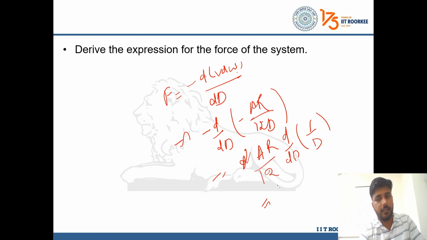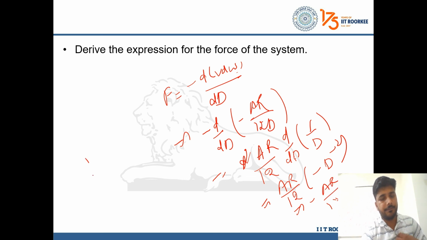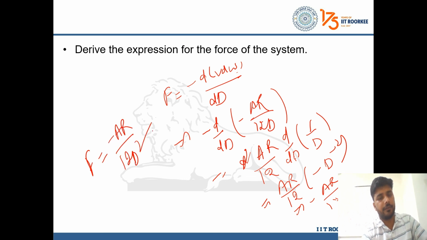AR by 12, it will be minus this, that is minus AR divided by 12 D squared. So this will be the expression for force.